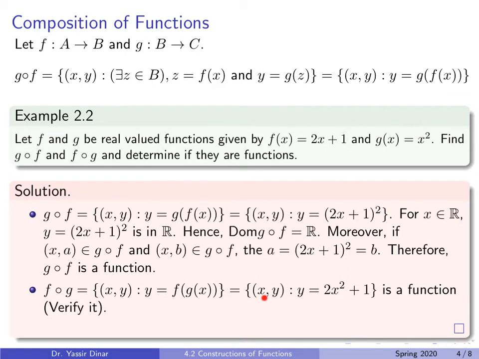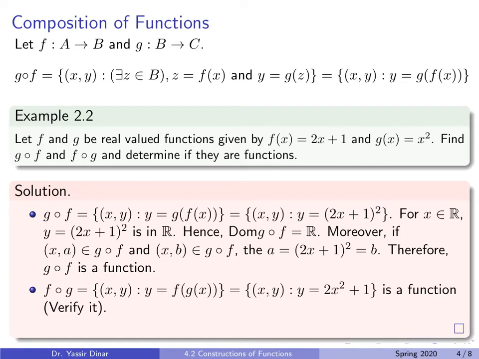This gives all pairs X, Y such that Y is equal to 2x squared plus 1. Now this definition, F circle G is a function, and to verify that it is a function, we leave it to you. Now we notice that F circle G does not equal G circle F.